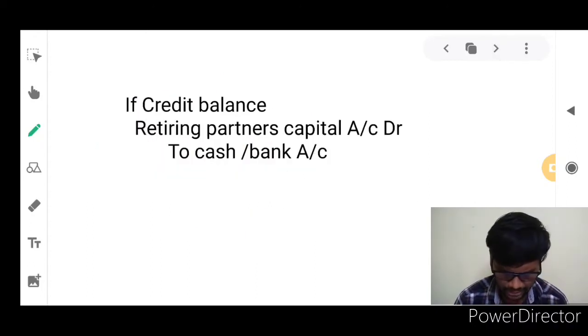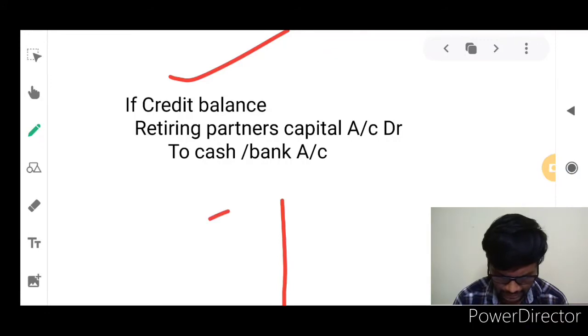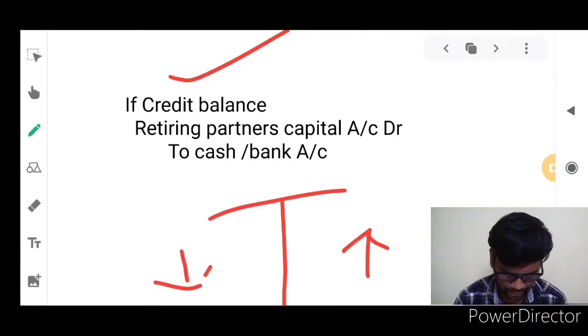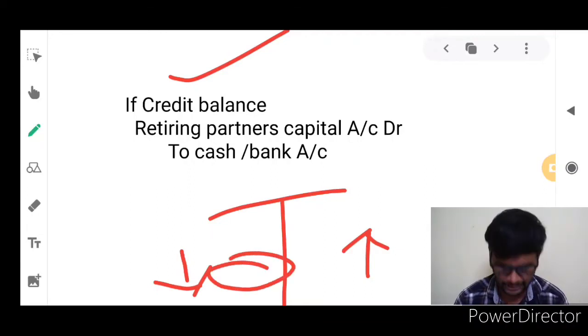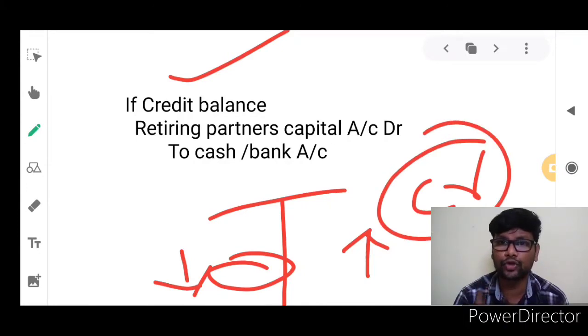At the same time, if the retiring partner maintains a credit balance, meaning the credit side is in excess of the debit side of the partner's capital account, the balancing figure is found on the debit side. This is called a credit balance, which means the firm has to pay some amount of money to the retiring partner, because his contribution to the firm is inevitable.